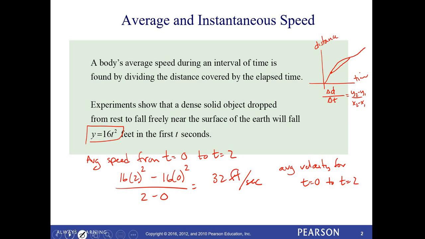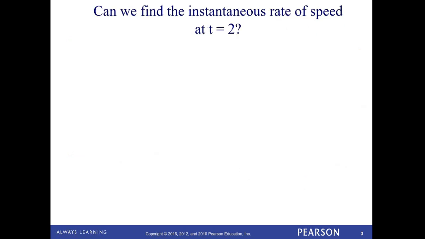So that's great. We can do that anytime we want. That's slopes. We did it in Algebra 1. But what if I want to find the instantaneous rate of speed at t equals 2? Well, instantaneous means 1 point. And I can't really do f of 2 minus f of 2 over 2 minus 2 because I just get 0 over 0. So let's say that h is a really small number.